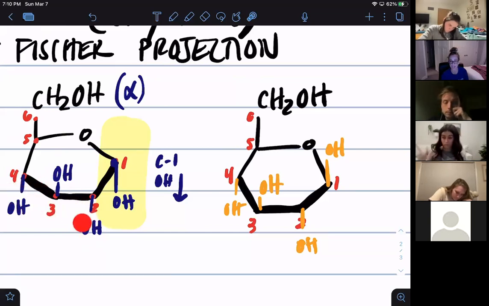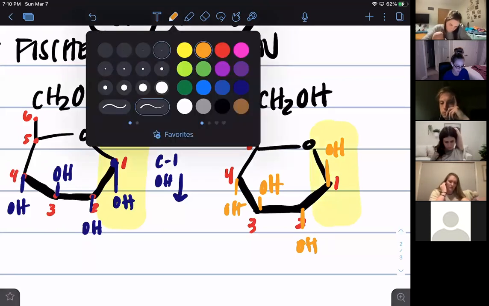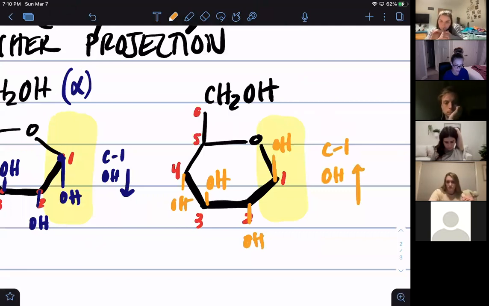You can just negate that. You just need to focus on what's happening at C1 to make that determination of if we're alpha or beta. So this is C1 again, but the OH is going to appear up.